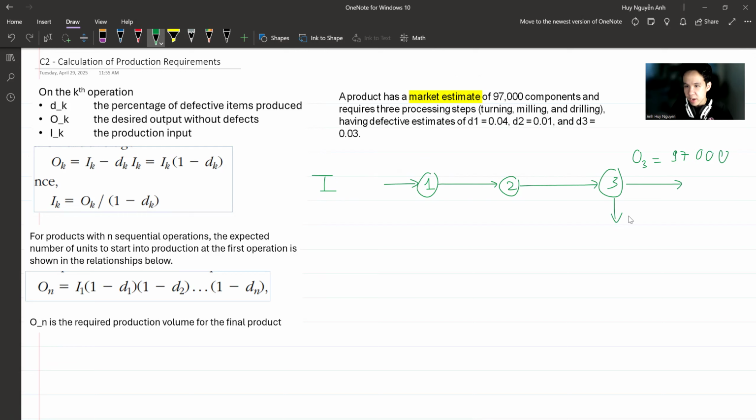We have D3, D2, D1. These are all of the defect items. We don't use them. So we start from the end of the process and we calculate back to the beginning. According to this formula, we have O3 equals I3 times (1 minus D3). I'll calculate it.